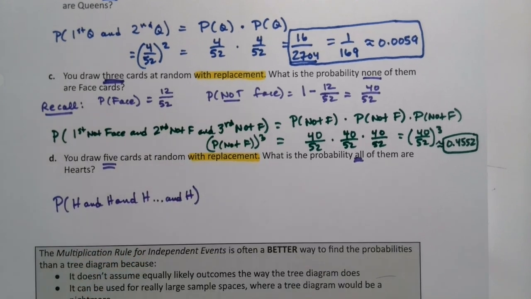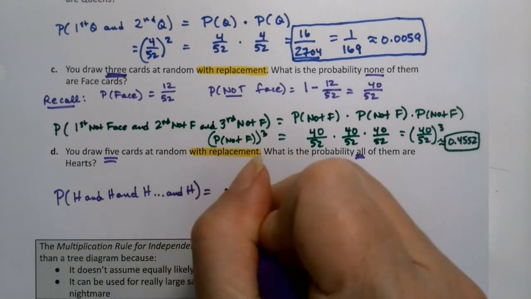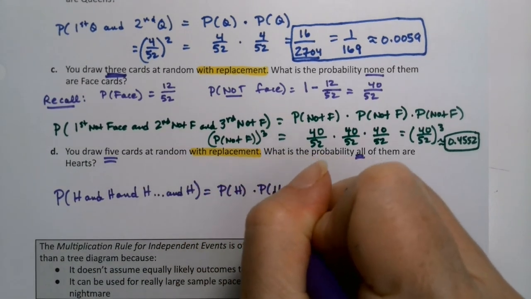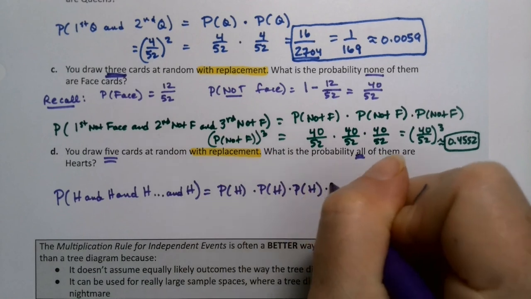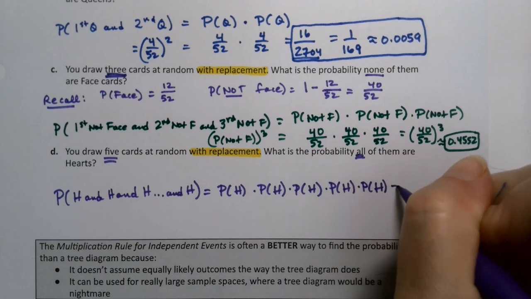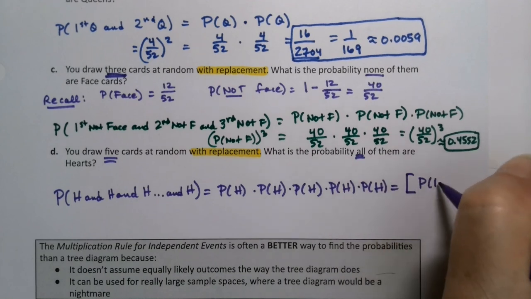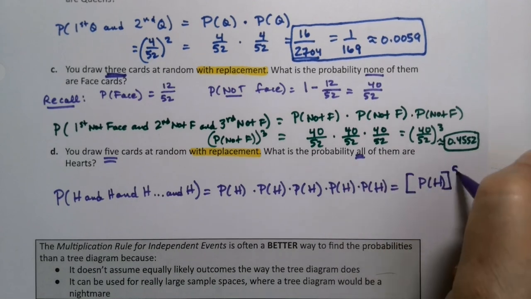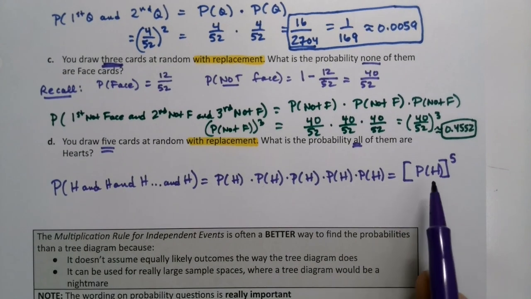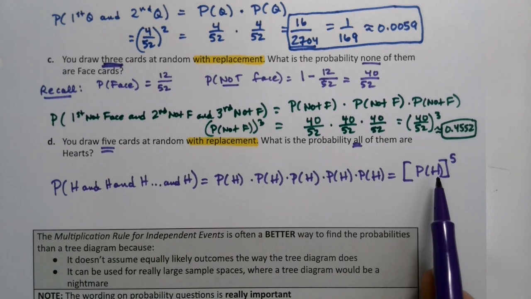There's 5 of them. Okay, so that would be the probability of heart times the probability of heart 5 times. If you're thinking, this is tedious to write out, yes, it is. So what you could do instead is say, hey, take the probability of a heart and raise it to the 5th power. And this is a bracket, by the way. It's just a glorified parentheses. So if you want to use parentheses there, that's fine also.